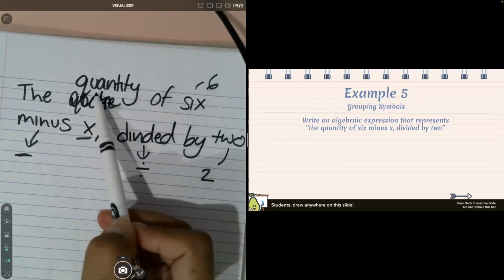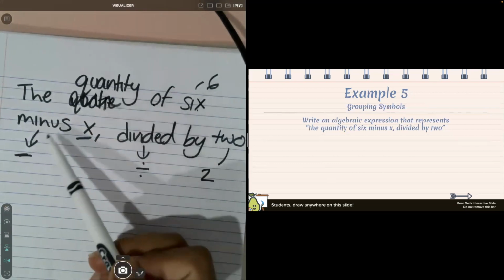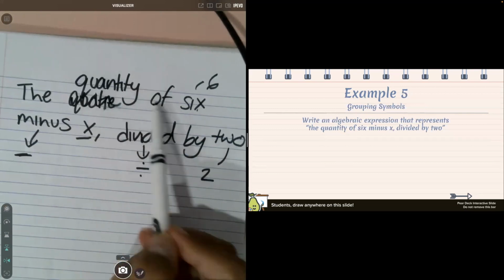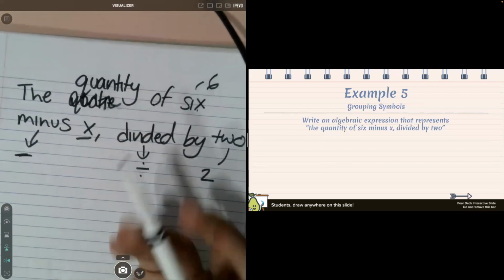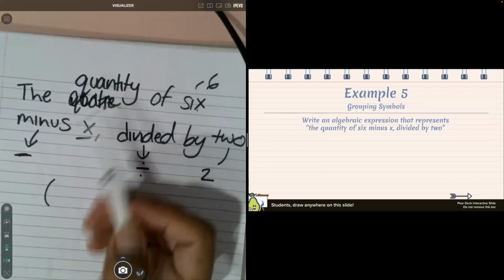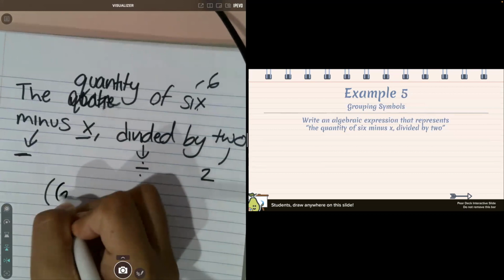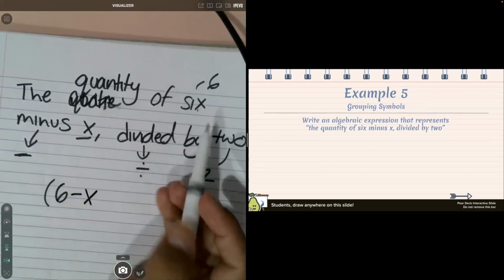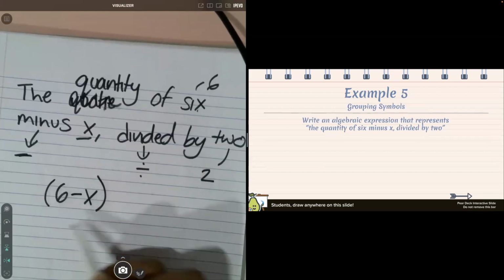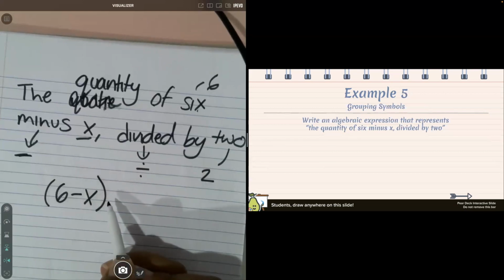But since it's saying the quantity of 6 minus x, if I want to find the quantity and do something to that quantity, I have to put that operation that's going to give me that quantity in parentheses. So 6 minus x. Quantity of 6 minus x is just what's in these parentheses. This is the quantity.